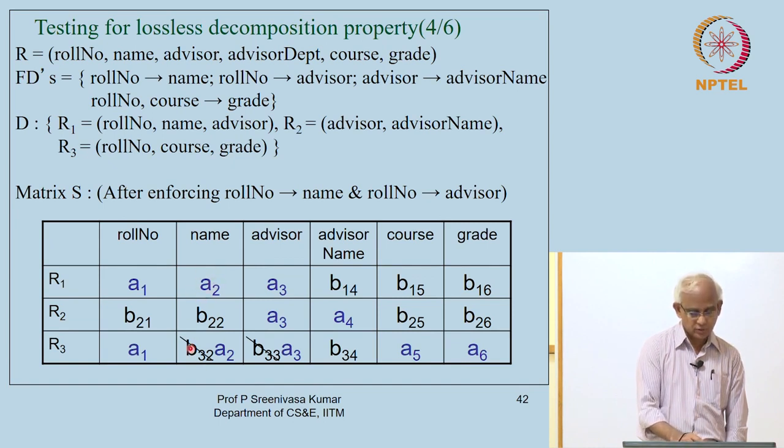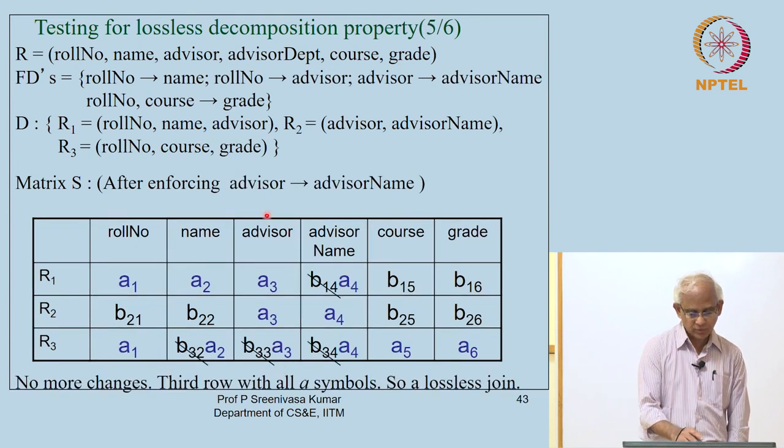So, we will make the other one also equal to the same A symbol and then ensure that these two are same. And same is the case with advisor. We had A3 here, and so we are going to do this. And then we will do one more.